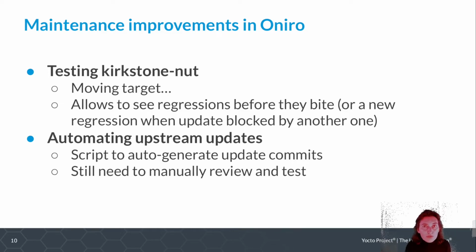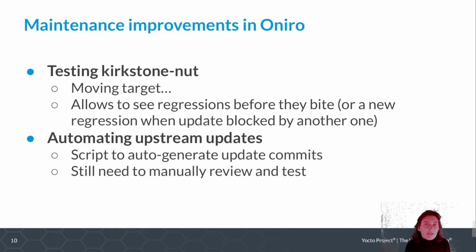It is also useful in a case when we are blocked by some fix waiting in another layer or a regression that we need to fix on the Yocto project. So we cannot include an update of a layer, and we want to know if after this fix there's some other change that is blocking our integration.